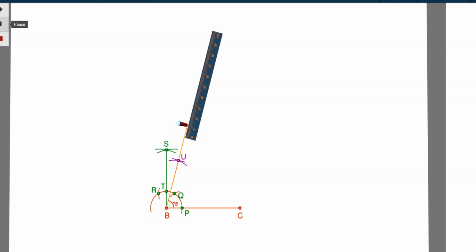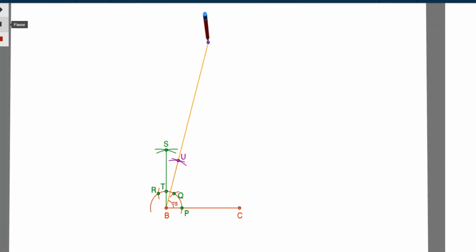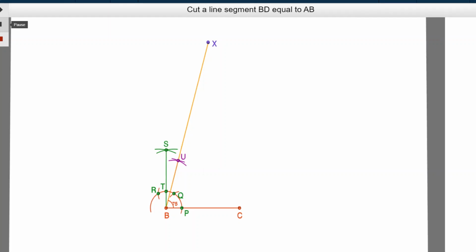Now extend BU at some point. Say that point is X. Now sum of other two sides is 13 cm. So cut 13 cm from the line segment BX.